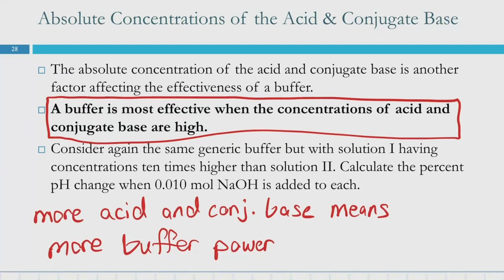Because when we make little changes, if we have a lot of buffer, our relative amounts aren't going to change very much. Whereas if we have little amounts, those changes are going to be relatively larger. And the relative change is what Henderson-Hasselbalch cares about, since we're going to do a ratio. And we'll see that on this next slide.